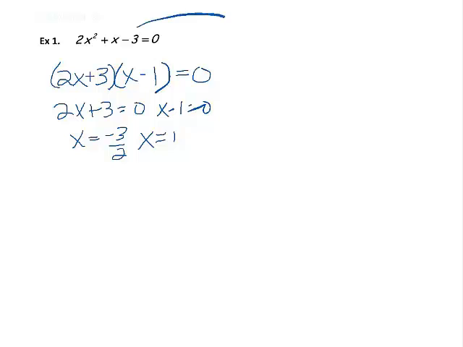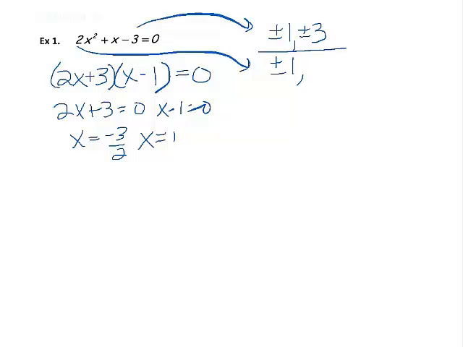Notice that the factors of negative 3 are positive and negative 1, and positive and negative 3. The factors of 2 are positive 1, negative 1, positive 2, and negative 2. Are these answers of this form?